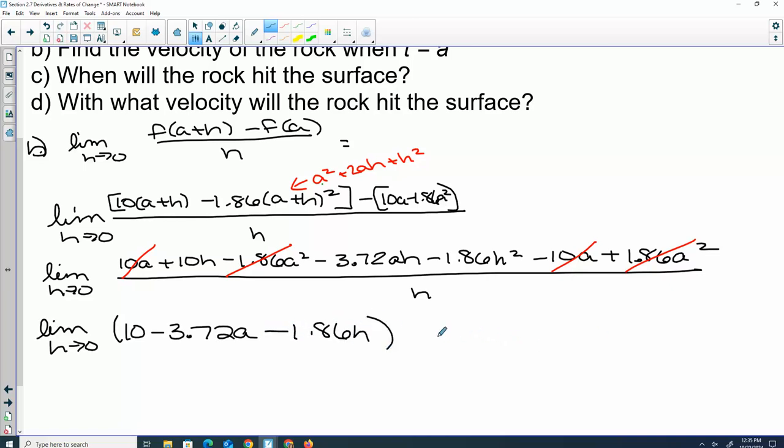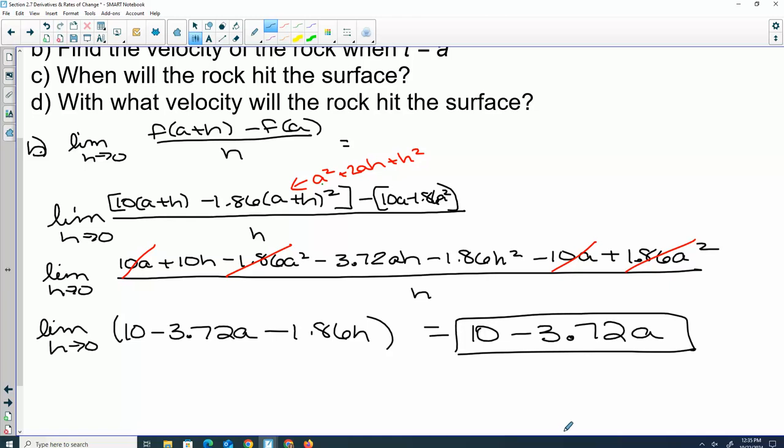And if you plug in 0 for your H, you get 10 minus 3.72A. So that was actually part B.